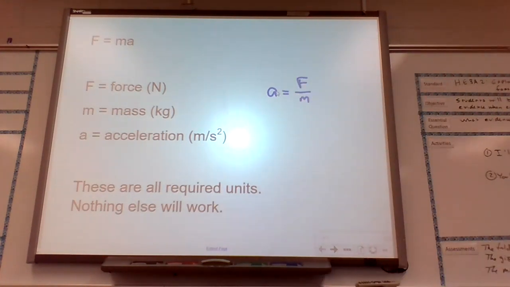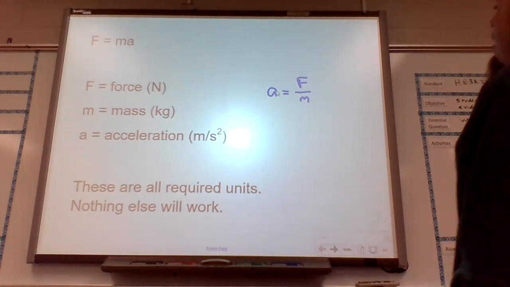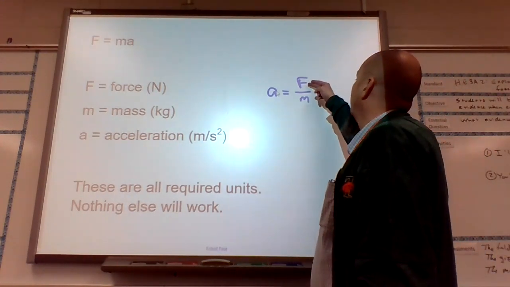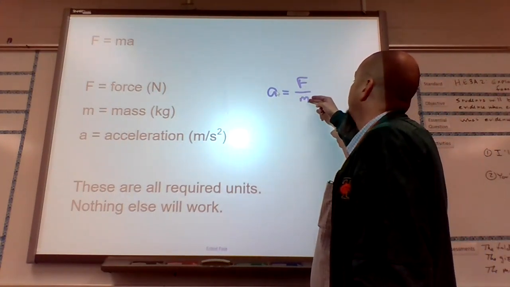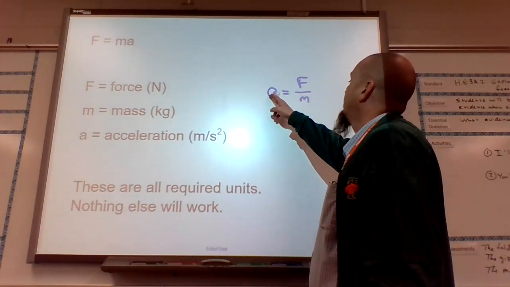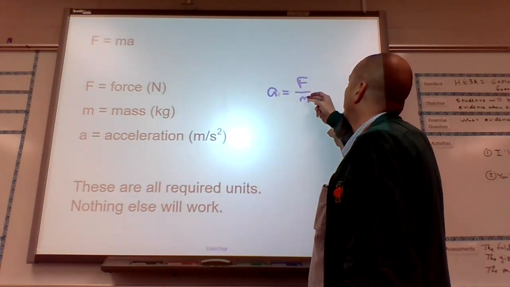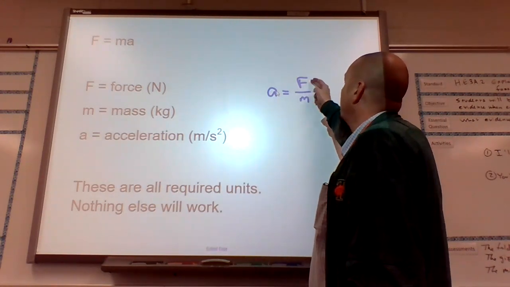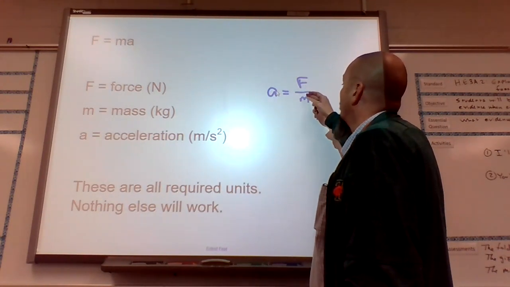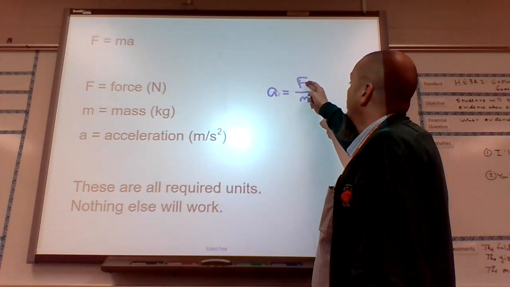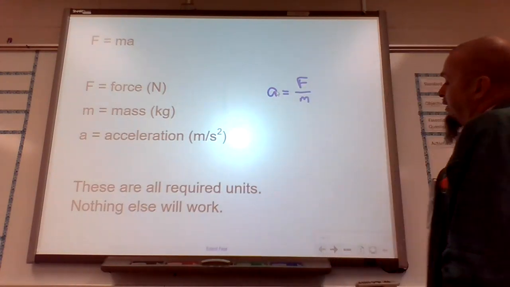In that equation, we can see that force and acceleration are directly proportional. If the force were to double while the mass stayed the same, the acceleration would also double. So if this were 2 over 1 equals 2, if I double this to 4, 4 over 1 equals 4. Doubling the force would result in doubling the acceleration.